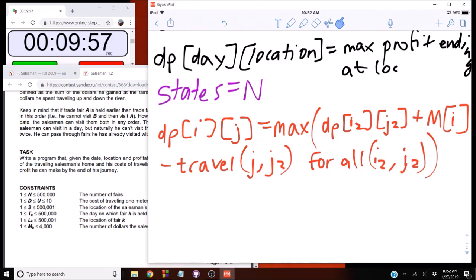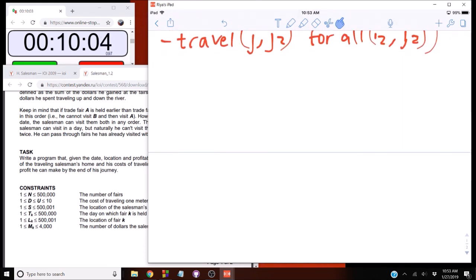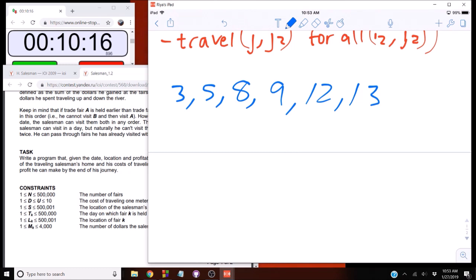Okay, so it seems to me that if there's more than one event per day, let's just say you have an event at locations 3, 5, and 8, and these are all in sorted order. Let's just say you decide you're doing a continuous subsegment. You're going to do a continuous range because from the previous day, you're going to come from somewhere.